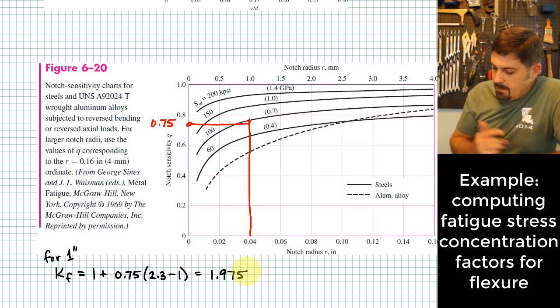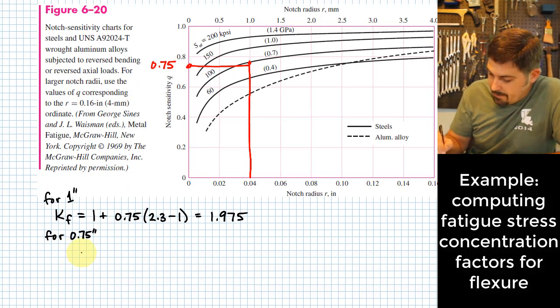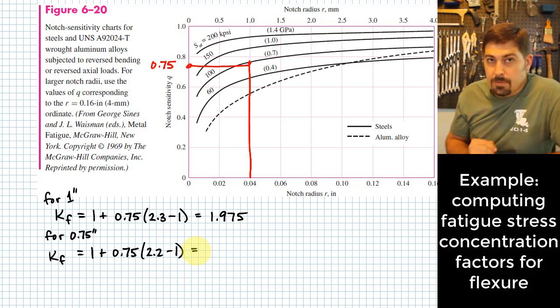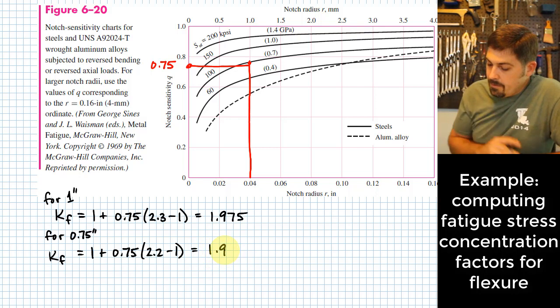Okay, what about for the 0.75 inch part of the shaft? Well, it's again structurally the same. 1 plus, this would be K sub F, 1 plus 0.75 times 2.2 minus 1. And when you punch that in, it ends up giving you a 1.9 for the K sub F.